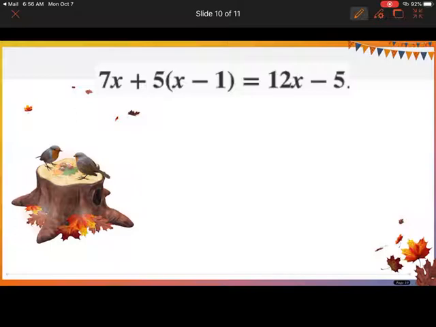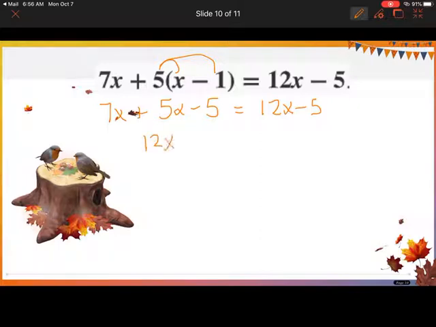So here we go again. We have to distribute because we have to simplify both sides of the equation before we move. So we have 5x minus 5. I'm going to keep simplifying, so I'm going to put the like terms together on the left side.